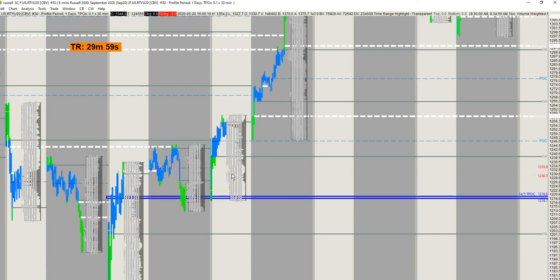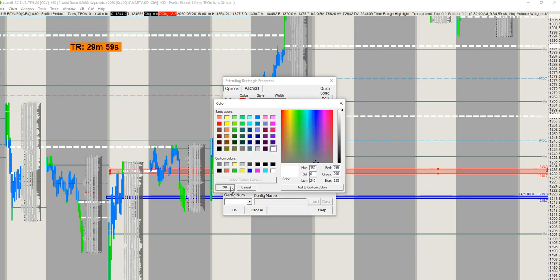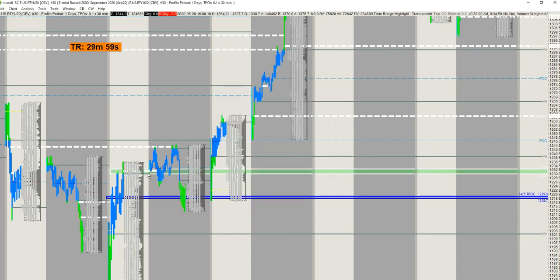You want buyers taking control above this area, because that's where the market closed above that single print, and it also gave us a good indication of the auction for the overnight, because overnight we came above it and traded mostly above it.